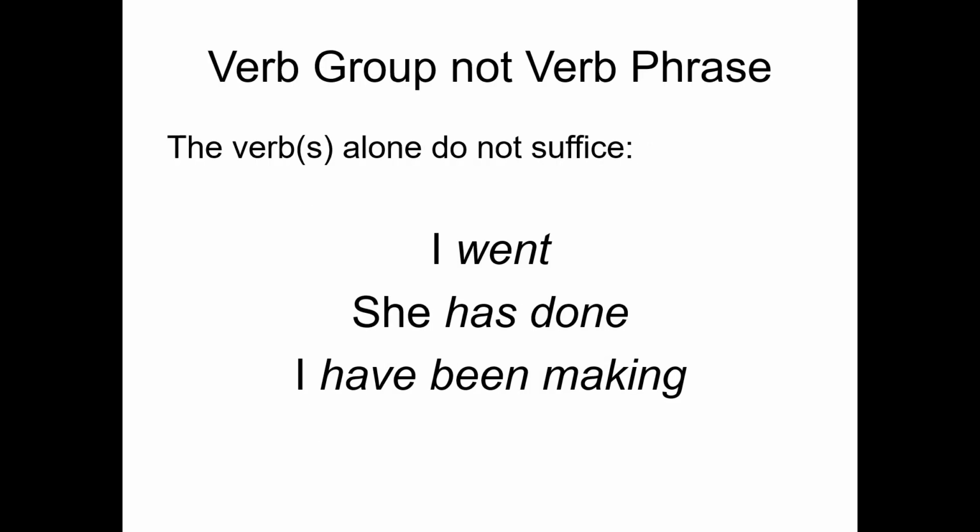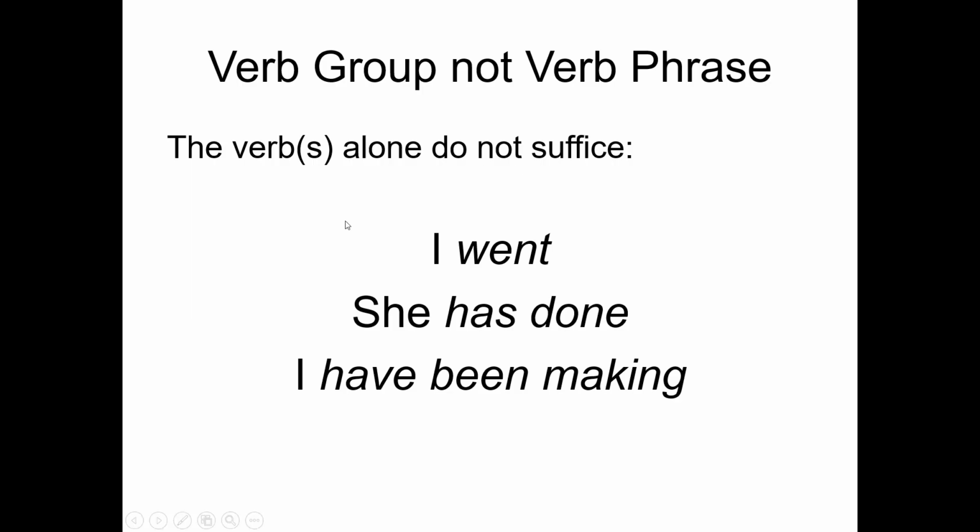And then verb group. A verb group is the verbs alone. The verb group may consist of one verb, went, two verbs, has done, has gone, or three verbs, have been making, or even four verbs, should have been done, should have been going.